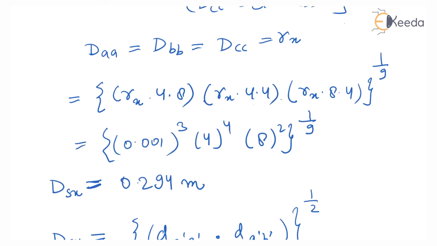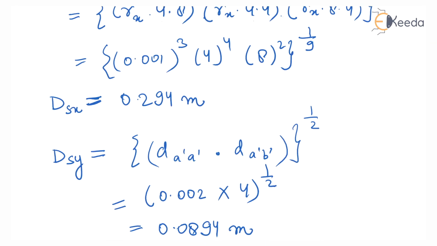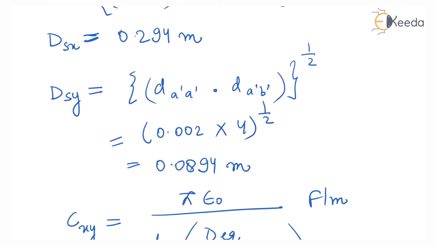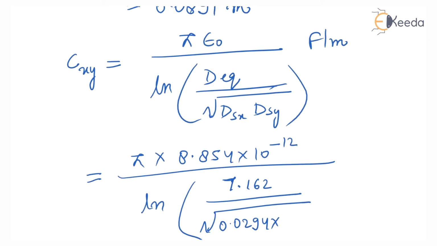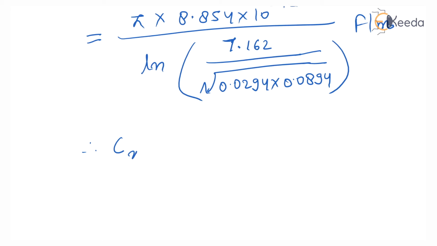We got D equivalent is equal to 7.162, upon under root DSX which is 0.0294 into DSY which is 0.0894, farad per meter. Therefore, the capacitance of conductors X and Y is equal to 0.00734 microfarad per kilometer.